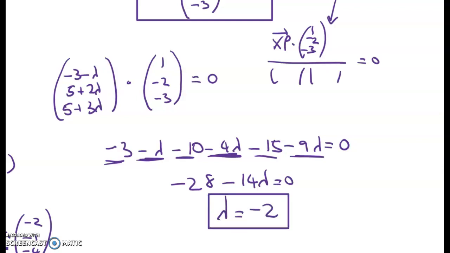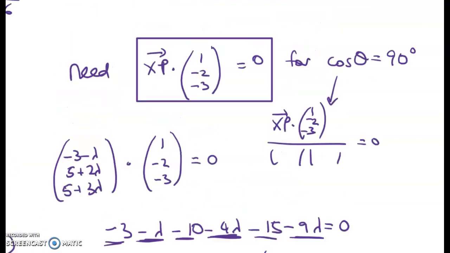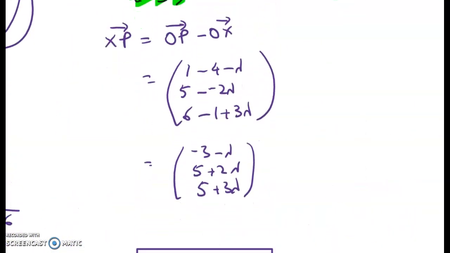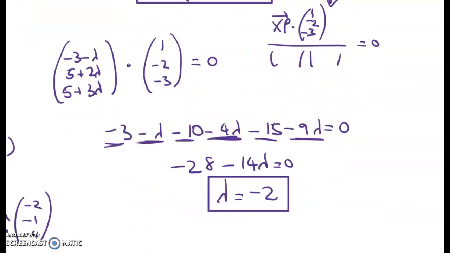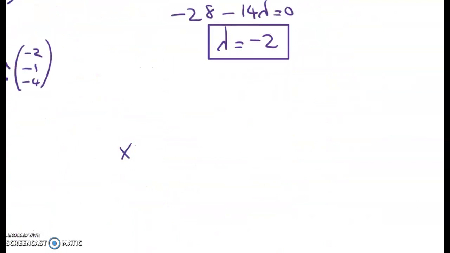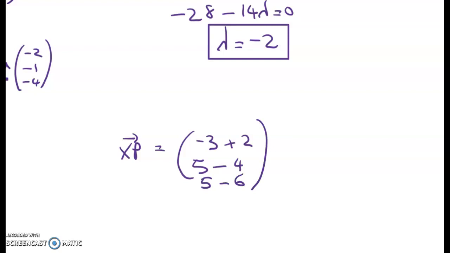And now I'm ready to put that back into XP, right? Because I don't need to do anything except substituting into here. So XP is equal to negative 3 minus negative 2, plus 2... 5 take away 4, and 5 take away 6.